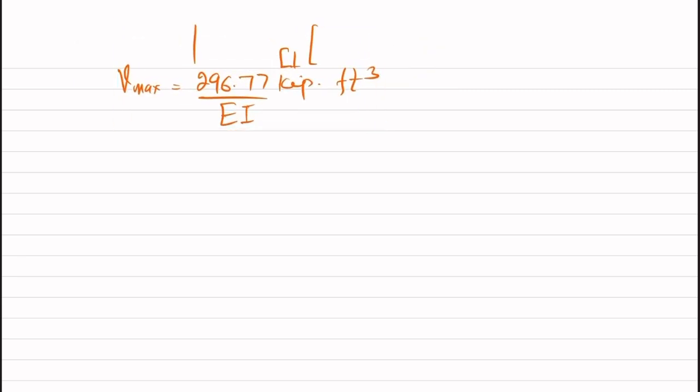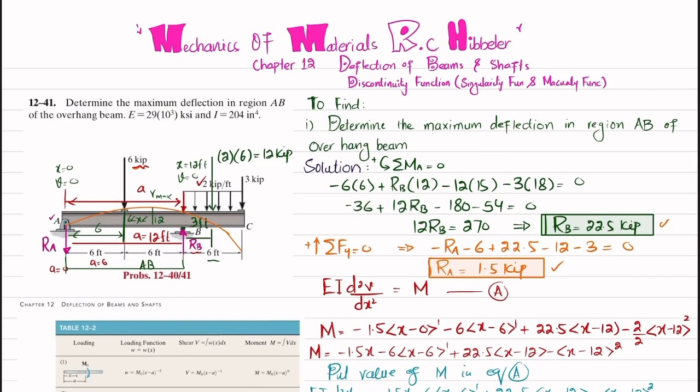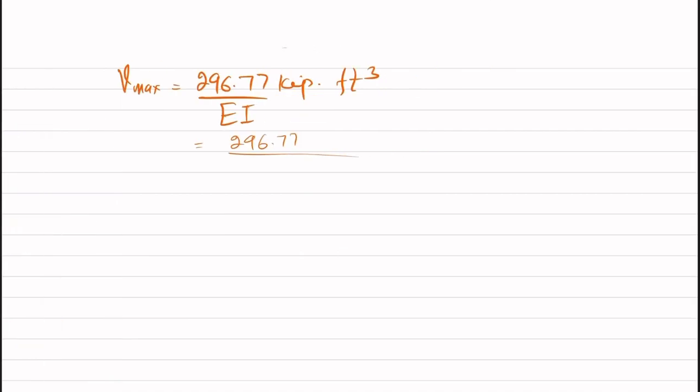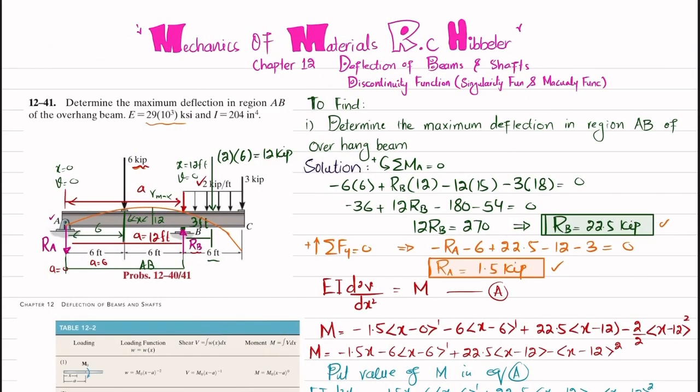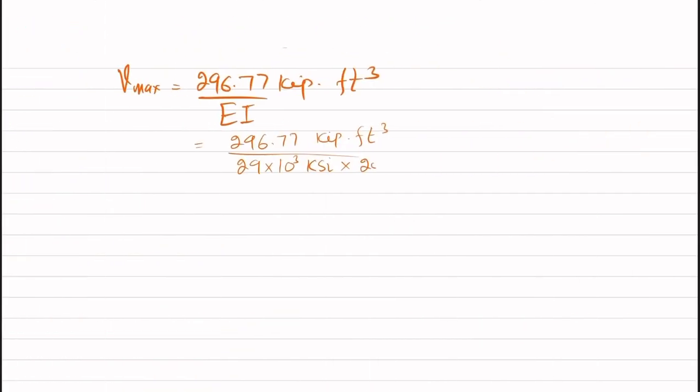So you have these values. 296.77 divided by E, which is given as 29 into 10 raised to power 3 KSI, and here we have kips into cubic feet, multiplied by I. I is 204 inch power 4.